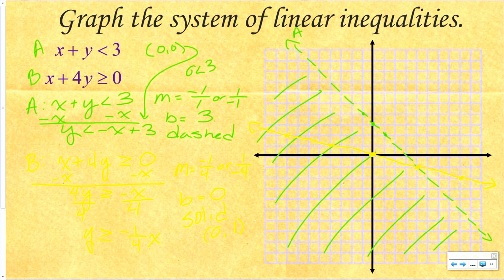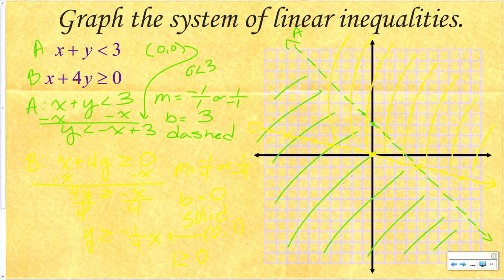Because then I won't have a fraction, right? 0 times anything is 0. So this will become 1 is greater than or equal to 0. Is that true? So that means I shade in the top part up here.